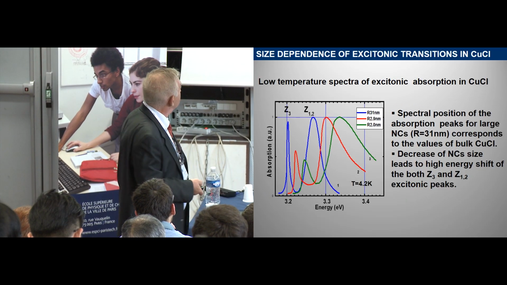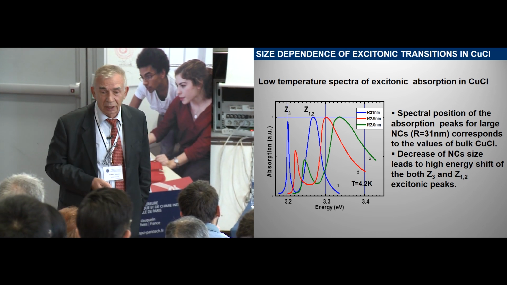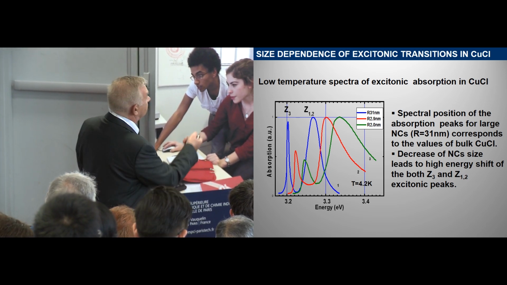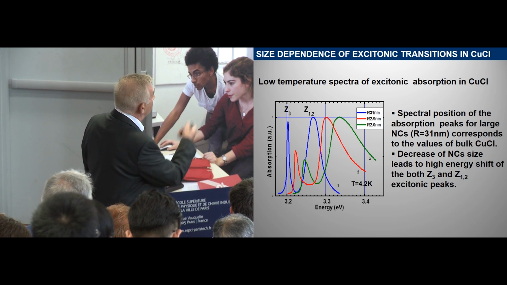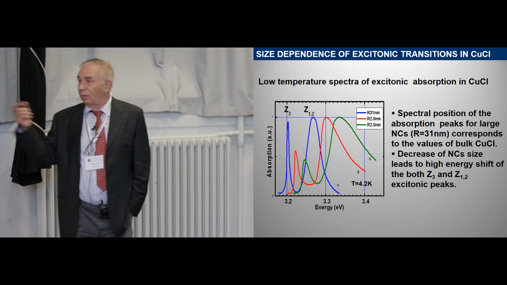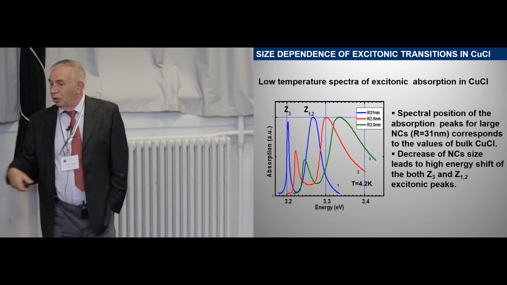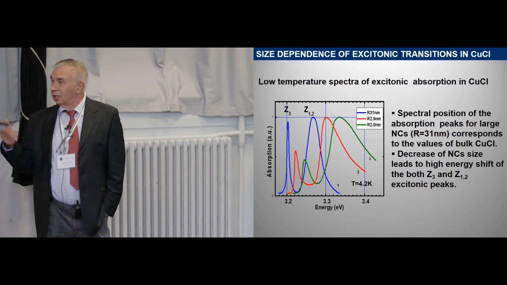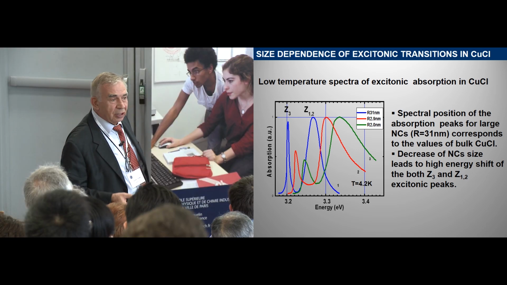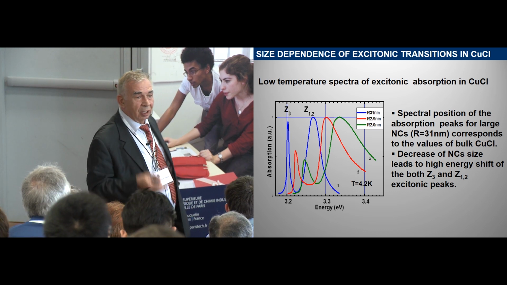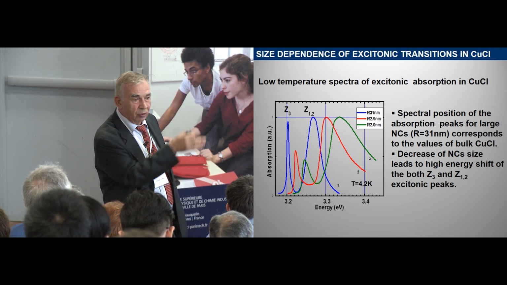When we go now to the spectra, it's the copper chloride spectra of big size, 30 nanometers. That's what I mentioned in the beginning, that some of the samples demonstrate the bulk-like structure, and all the peaks of excitonic transition are at the right place from the point of view of bulk material.